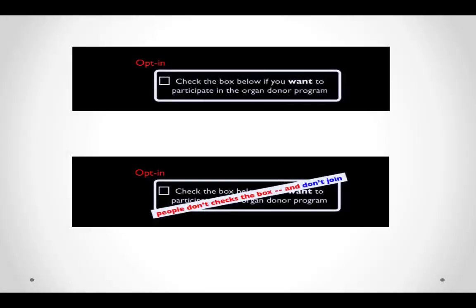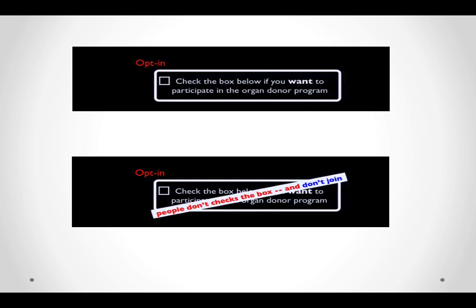On the DMV form, there is a box that says, check the box below if you want to participate in the organ donor program. Because I don't know what to do, I try to ignore it. I just freeze or move on.